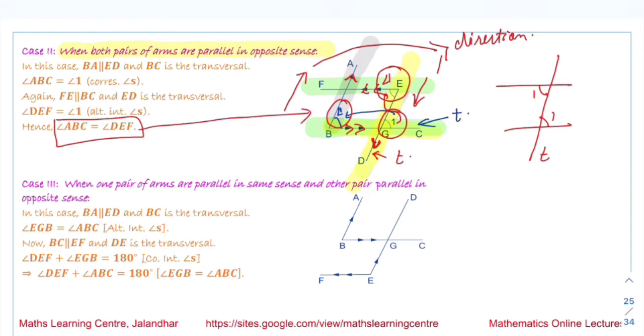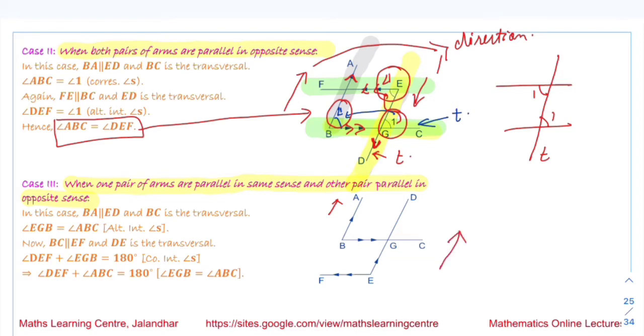Now the last case we have is when one pair of arms is parallel in the same sense and the other pair in the opposite sense. If the ray AB is in this direction, the ray ED is also in the same direction.